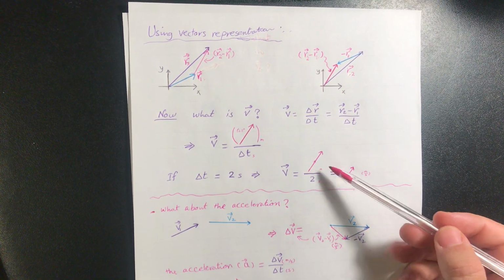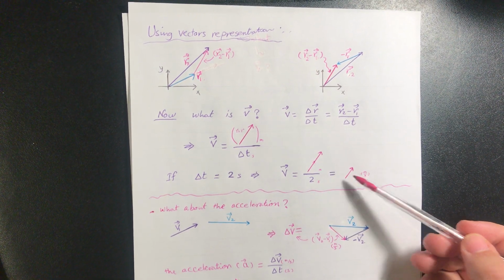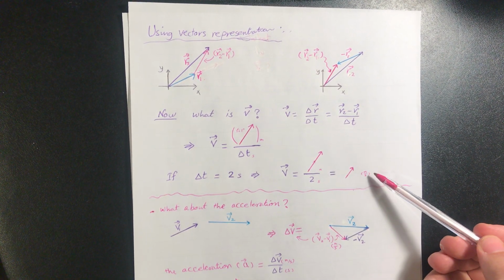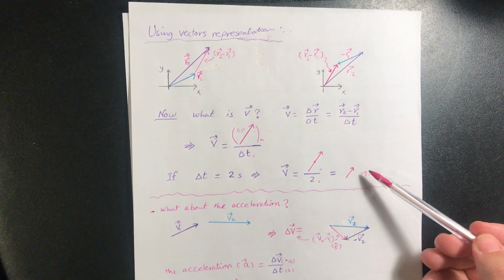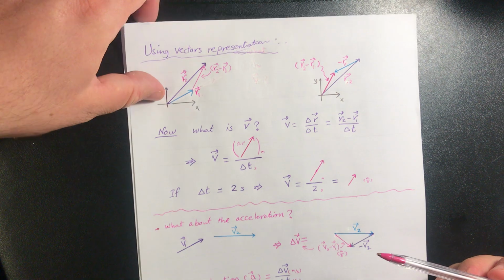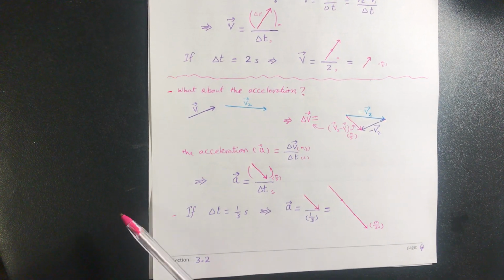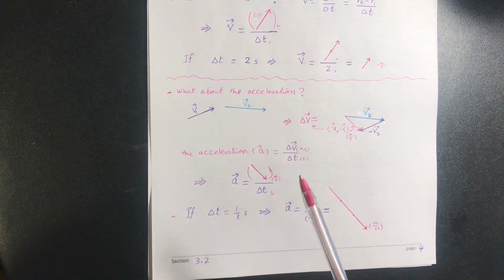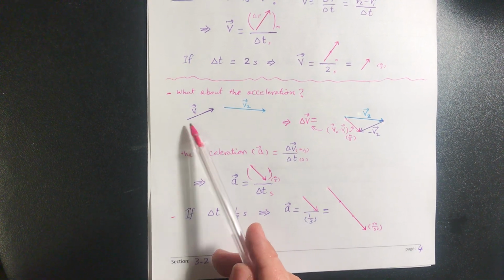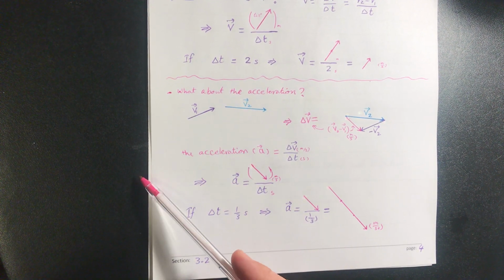Is that clear? This is the position vector, and this is the velocity vector, and the unit of the velocity, because it is a vector here, is meter over second. What about the acceleration? If we have two vectors, v1 and v2, two velocities for one body, it is accelerated as we see here.